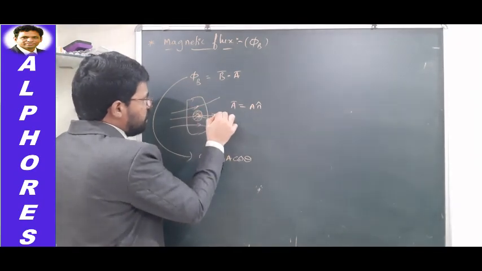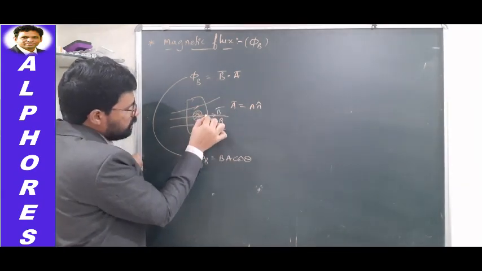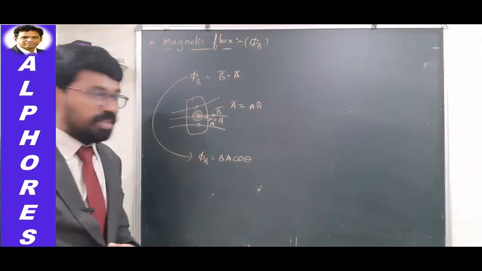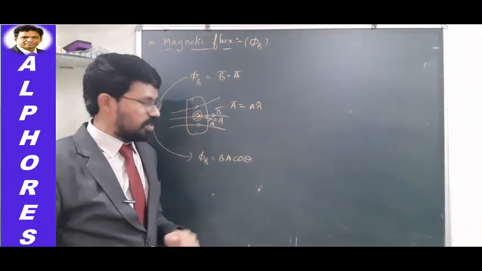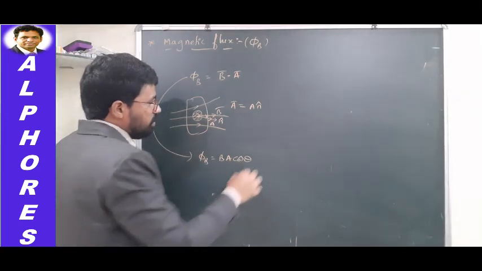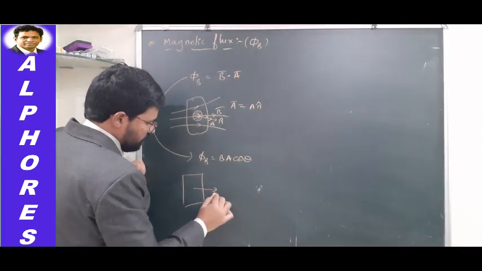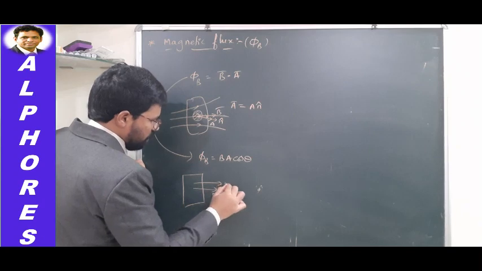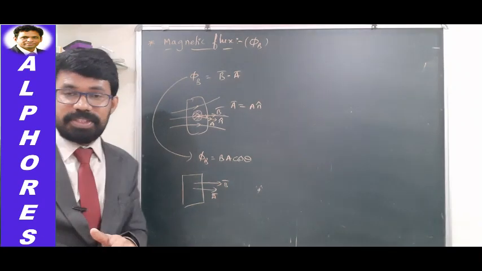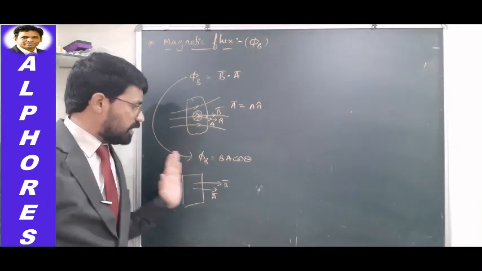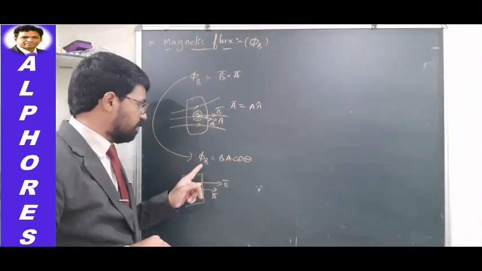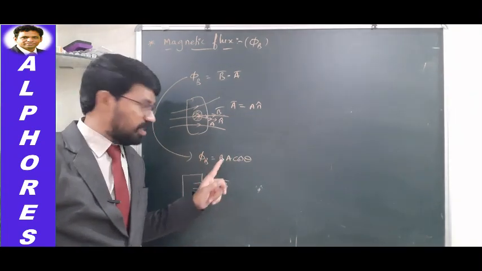Here theta is the angle between the field and the area vector. For example, here the field direction is this one, right? Whatever this angle is between B bar and A bar is called theta. For example, if the area vector and the magnetic field are along the same direction, then the angle between those two is how much? 0. So there will be maximum flux passing through the surface, because whether it is maximum or minimum is decided by theta.